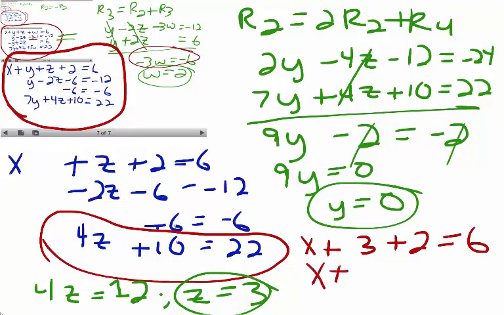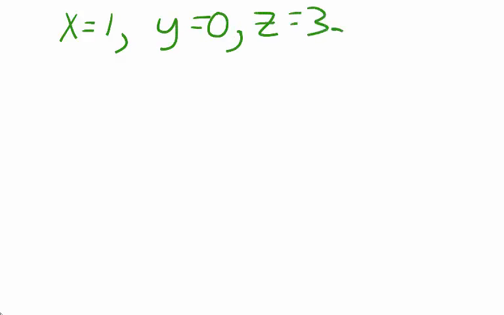This gives us x plus 5 equals 6. So we know that x is equal to 1. So to restate our solutions, x equals 1, y equals 0, z equals 3, and w is equal to 2.